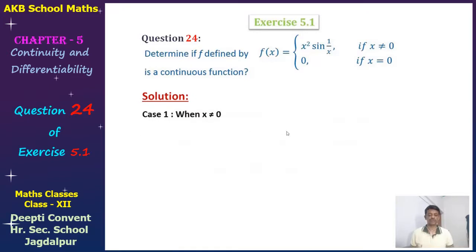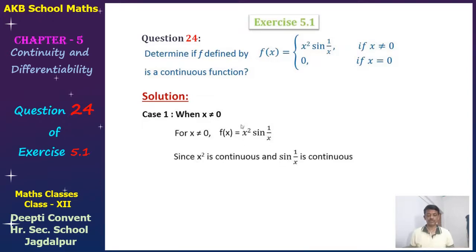When x is not equal to 0, two sides will be there. For x not equal to 0, f(x) equals x² sin(1/x). Here we use the algebra of continuity of a function. Since x² is a polynomial itself, this is a continuous function, and also sin(1/x) is a continuous function, because sin x is continuous, so sin(1/x) is also continuous.